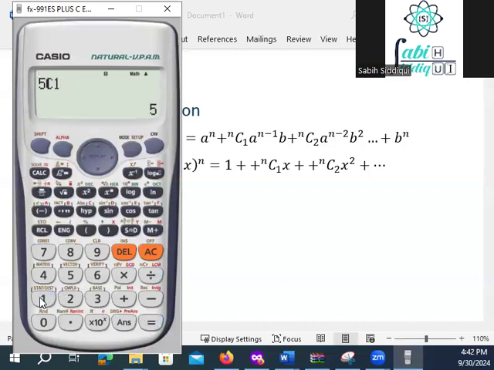5C2, 5C3 and so on. But what if n is a negative number? What if n is -3, if n is -2? What if n is a fraction? Then this method is not applicable because the calculator will not give us any response for nCr when n is not a positive integer.